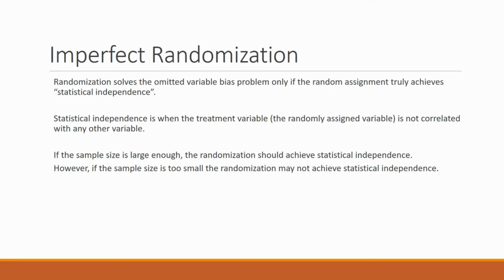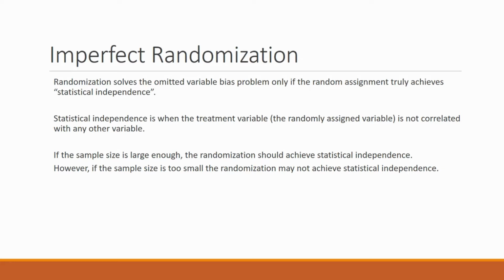The problem is that this really only happens if our sample size is large enough. And it's really hard to say how large. But if the sample size is large enough, then randomization will achieve the statistical independence. Randomly assigning who gets the treatment and who gets control will result in the treatment assignment being uncorrelated with other variables.